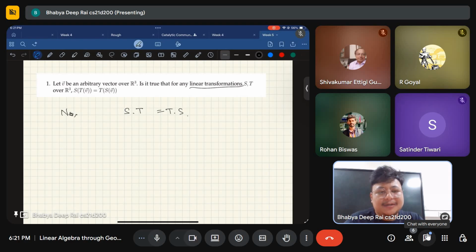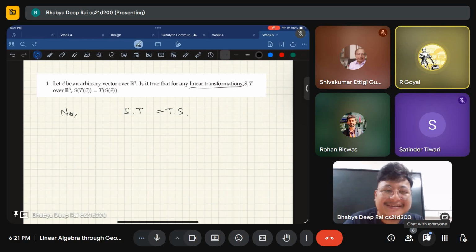Can you characterize the set of all pairs of commutative matrices? Say, what about the symmetric matrices?